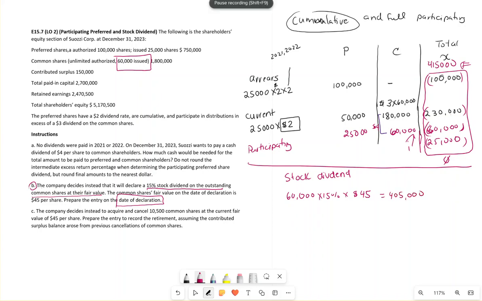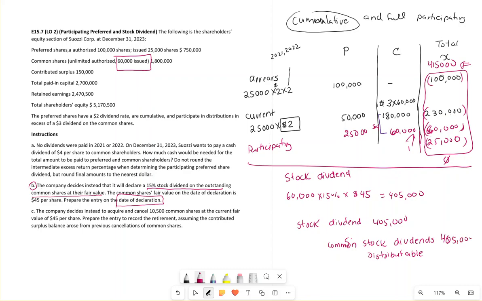We're declaring a dividend, and then your entry will be debit stock dividend, and credit will be common stock dividend distributable, and that is 405,000.